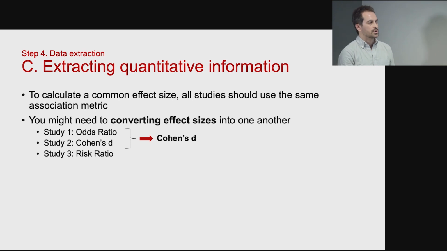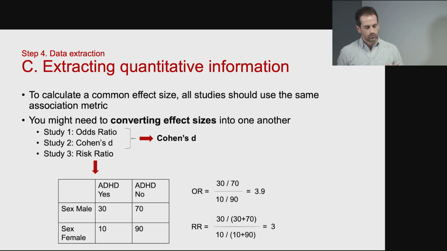Here we have odds ratio in one study, Cohen's d in another study, and risk ratio in another study. But we see the odds ratio can be transformed easily into a Cohen's d. Risk ratio maybe is a little bit more complicated, so we have to think about what an odds ratio and a risk ratio are. And you can see these are 2x2 tables. This is the basic of statistics. You understand the tables, you understand everything.